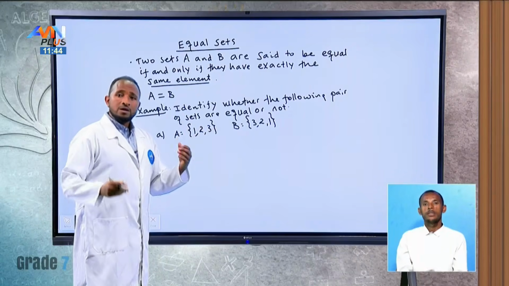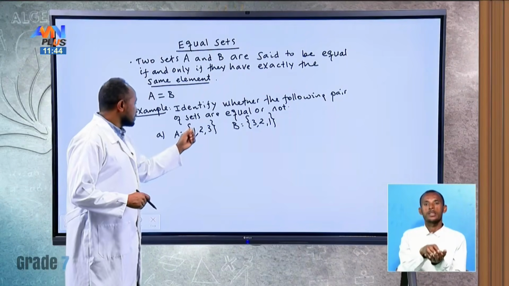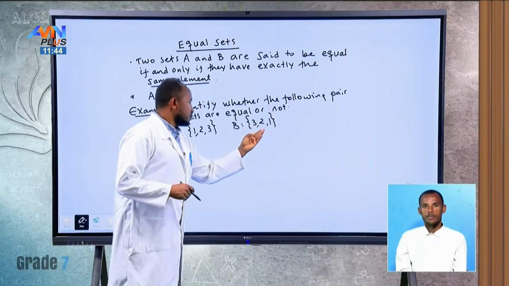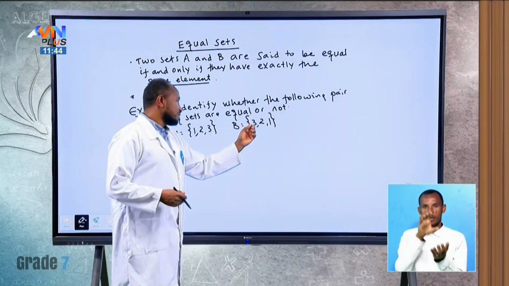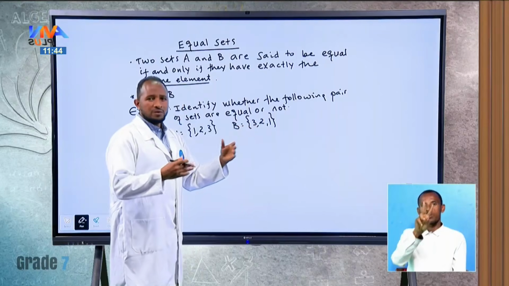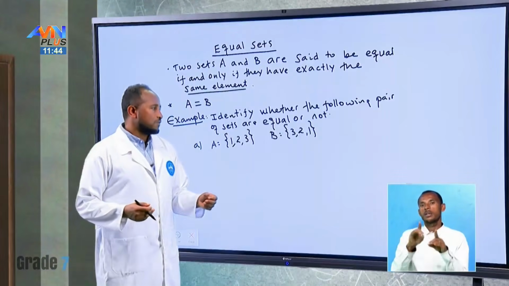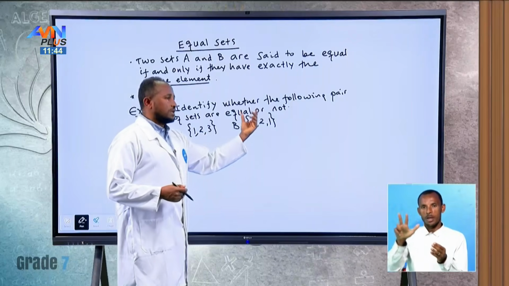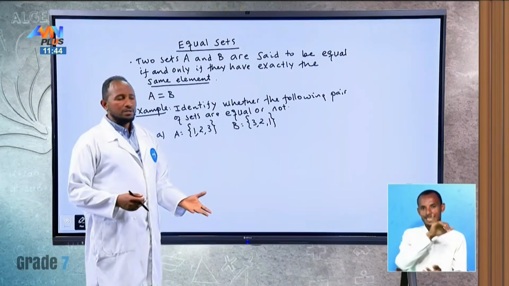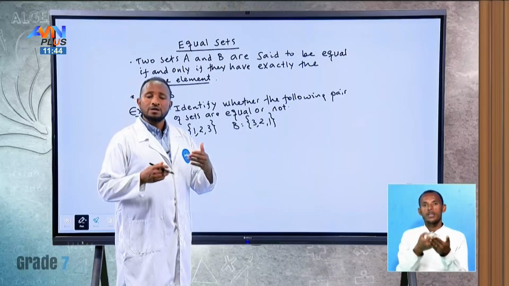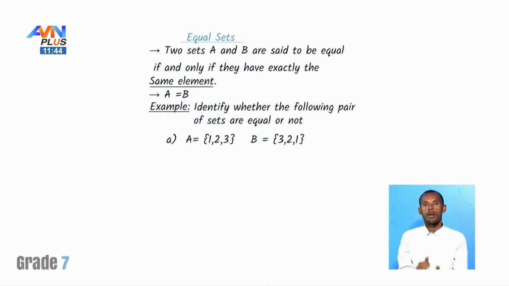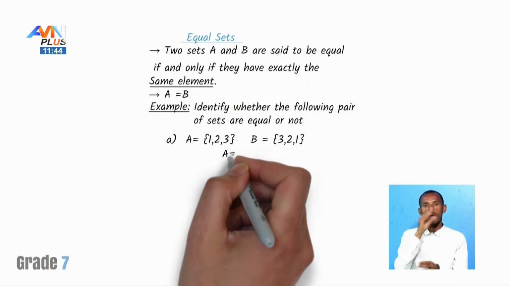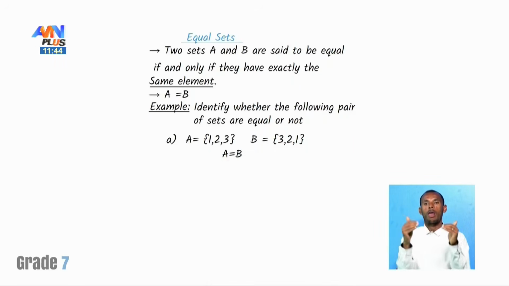Set A consists of the elements 1, 2, and 3, and set B also contains the elements 3, 2, 1. Writing the order doesn't change the set. Set B contains the same elements. Therefore, set A and set B are equal sets.